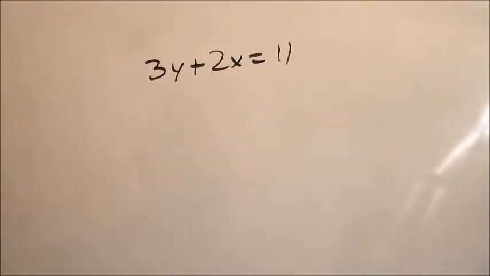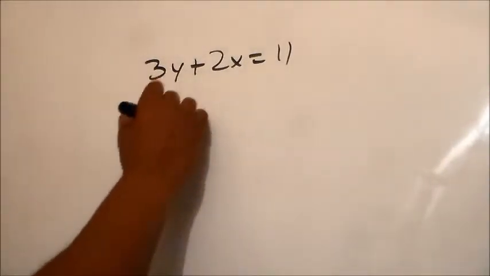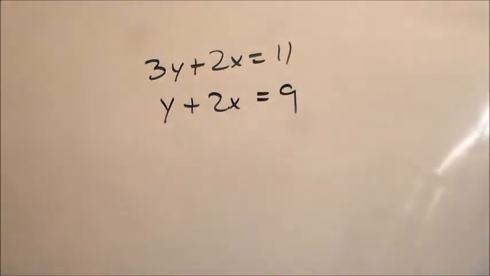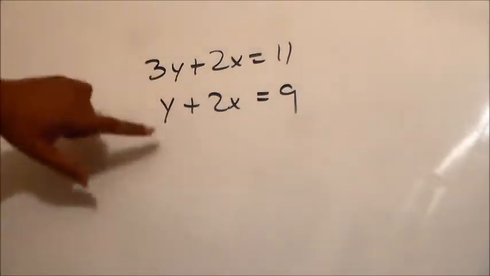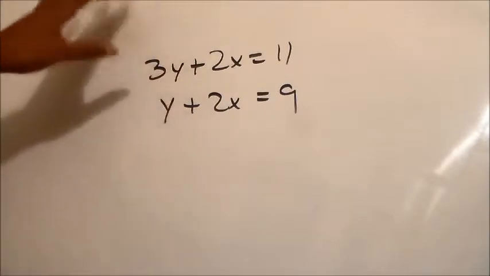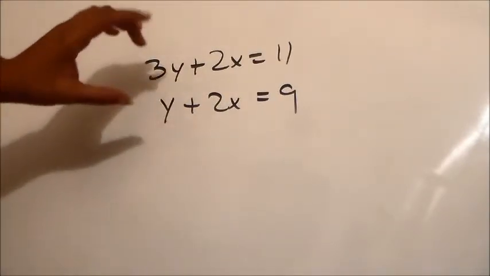And the second one is y plus 2x equals 9. On this one, I want to use elimination. So what I will do is take the top equation, because you have to see, does anything match? Anything balance? Yeah, the 2 and the 2 match.